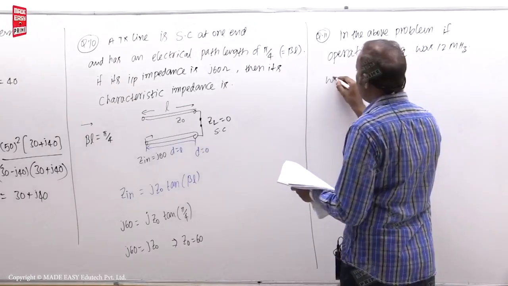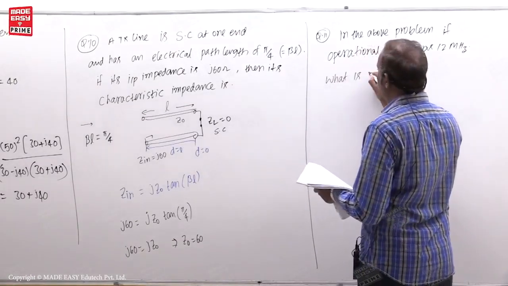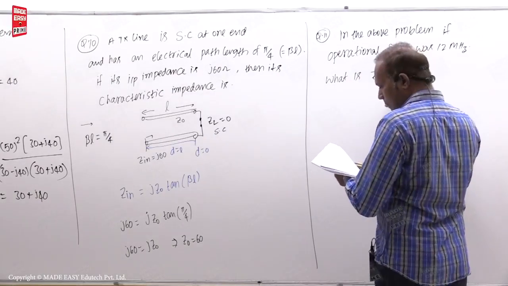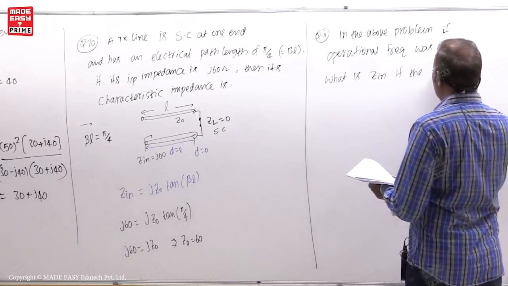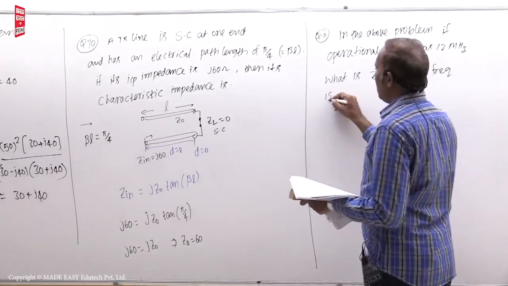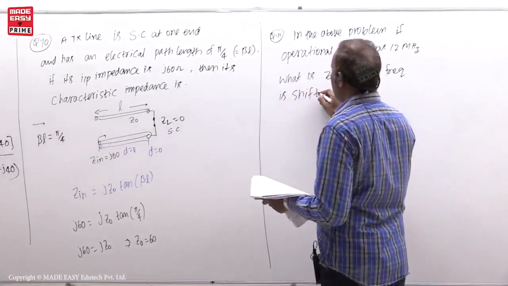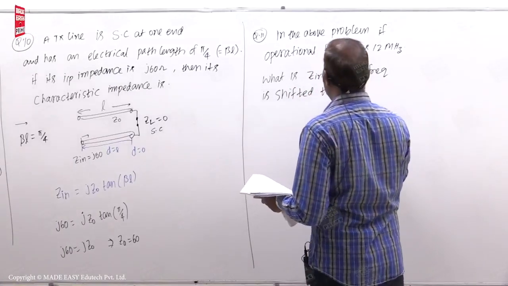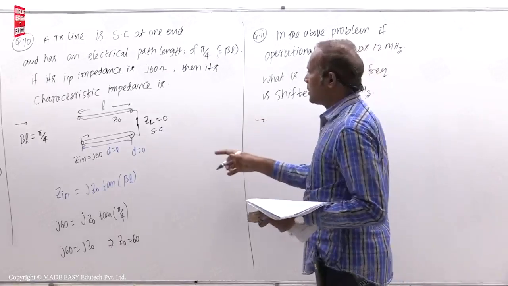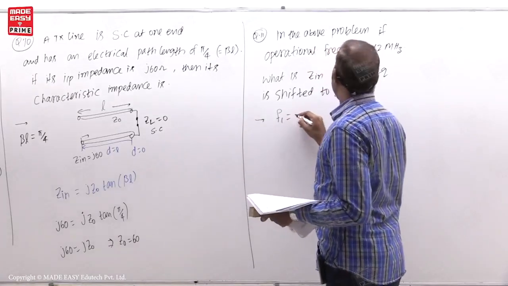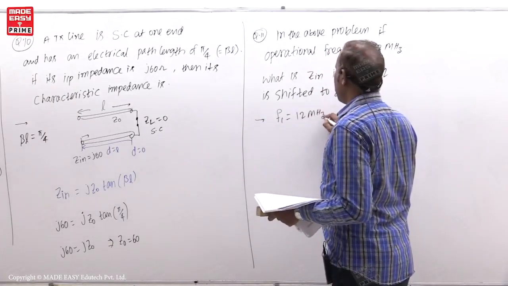What is the input impedance, what is Zin, if the frequency is shifted to 24 megahertz? Now let me write, my dear friends, let us take f1 is equal to 12 megahertz.